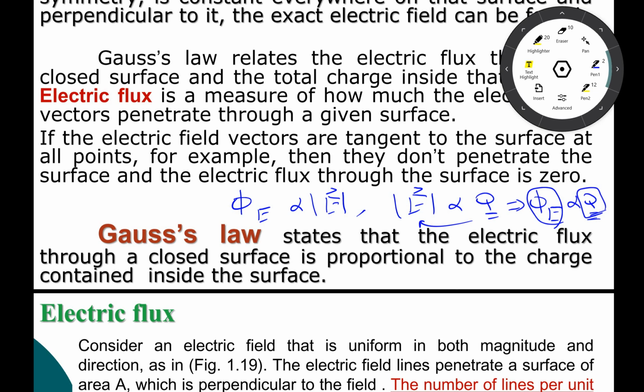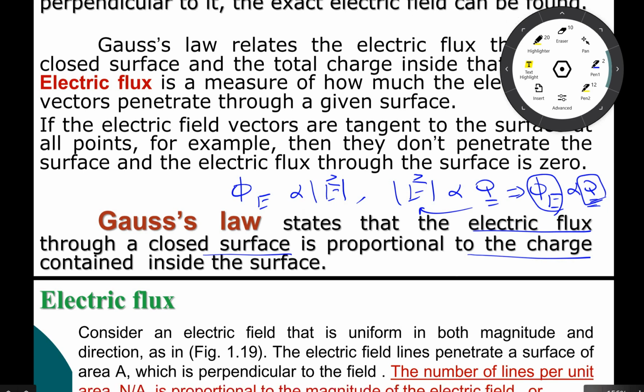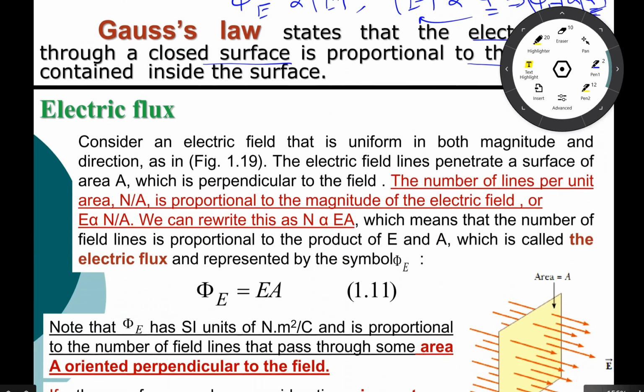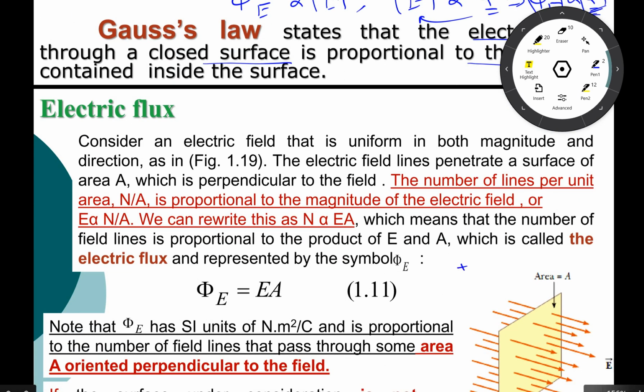So Gauss's law states that the electric flux through a closed surface is proportional to the charge contained inside the surface. If we have a charge, this charge will make a field. These lines show the direction and the magnitude of the field.